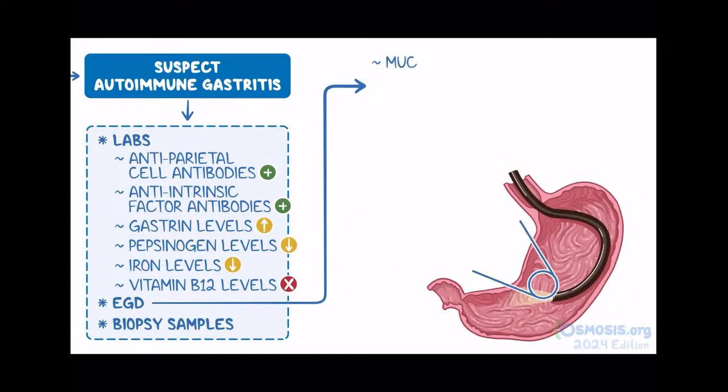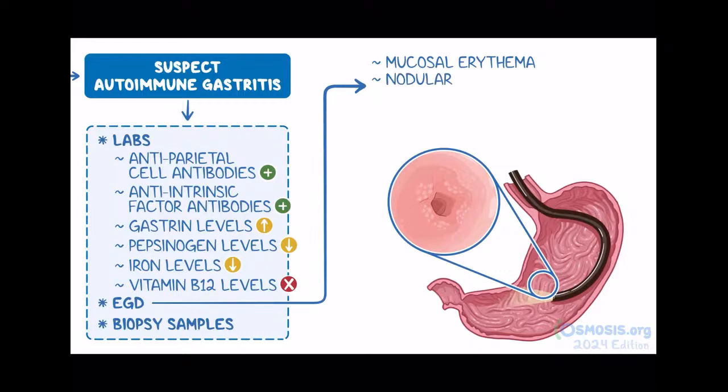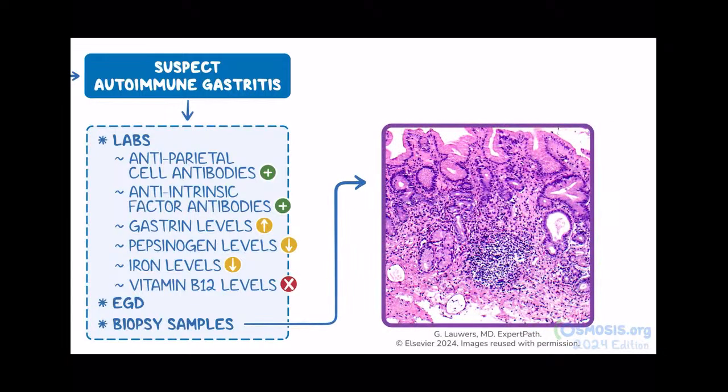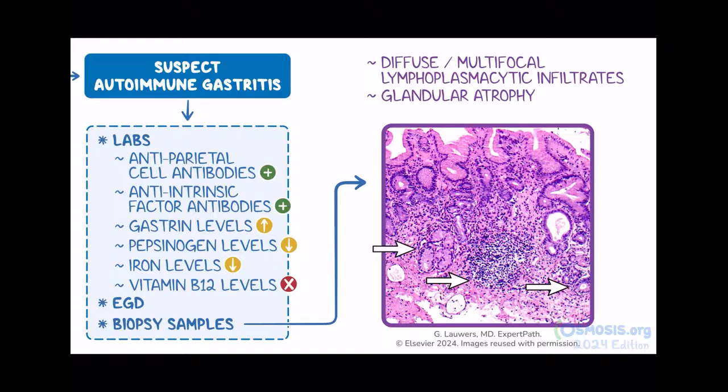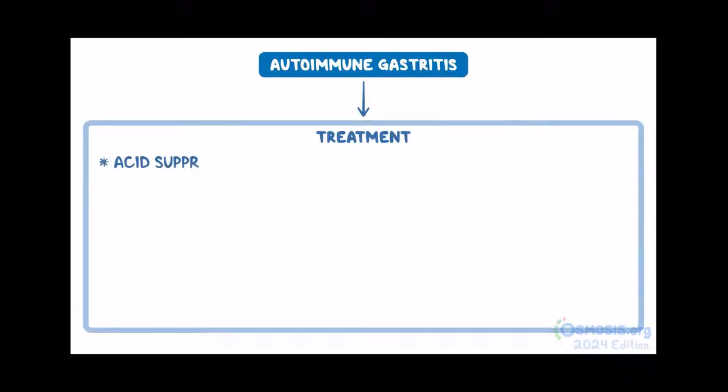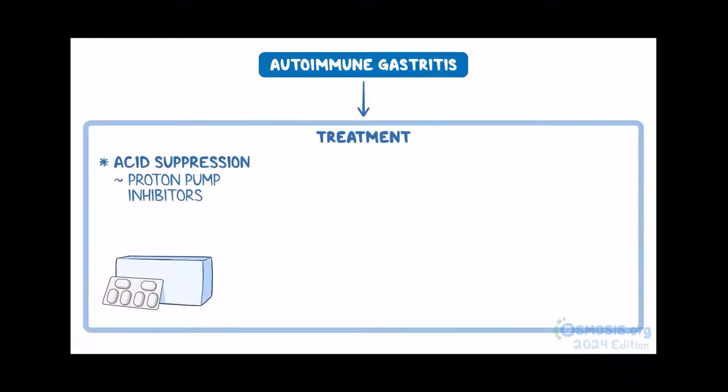Next, the EGD will show mucosal erythema, nodularity, and atrophic changes of gastric mucosa, while the biopsy will reveal diffuse or multifocal lymphoplasmacytic infiltrates, glandular atrophy, and loss of parietal cells. With these findings, diagnose autoimmune gastritis and initiate acid suppression with proton pump inhibitors and H2 blockers.